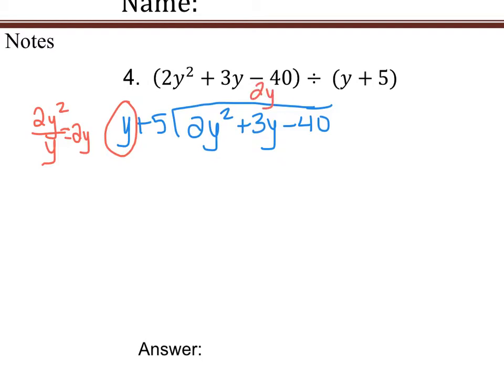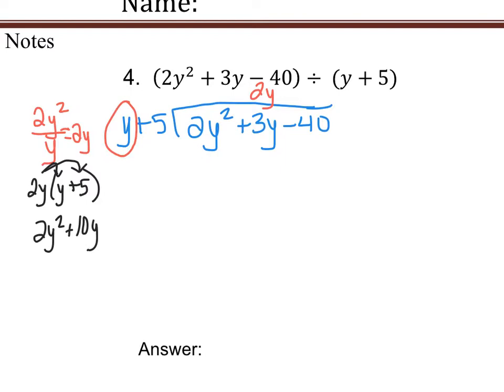Now I'm going to multiply my 2y times my entire divisor of y plus 5. So let's go do that over here. So we got 2y times y plus 5. This is the distributive property. So 2y times y is 2y squared. 2y times 5 is plus 10y.